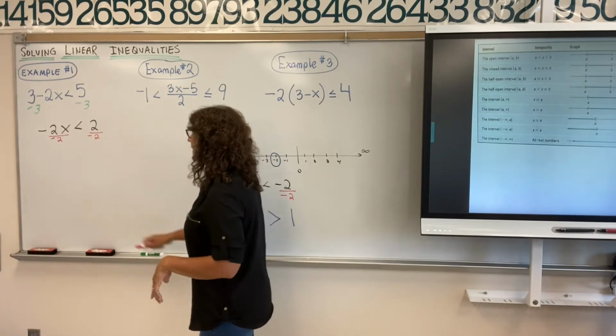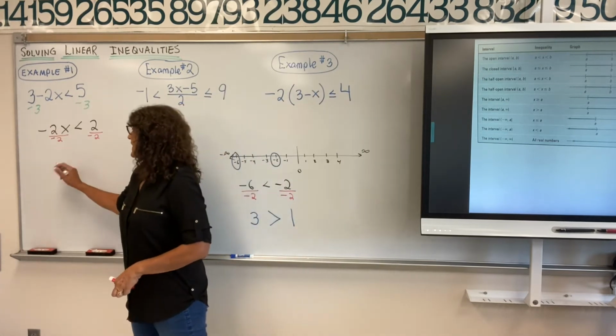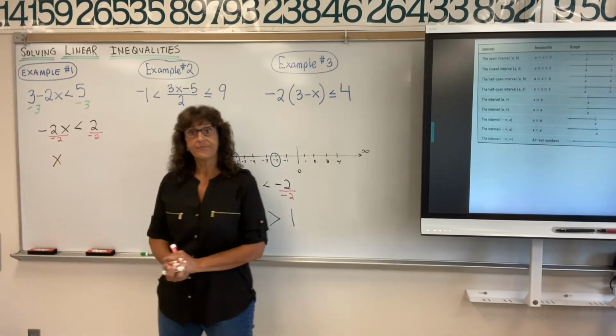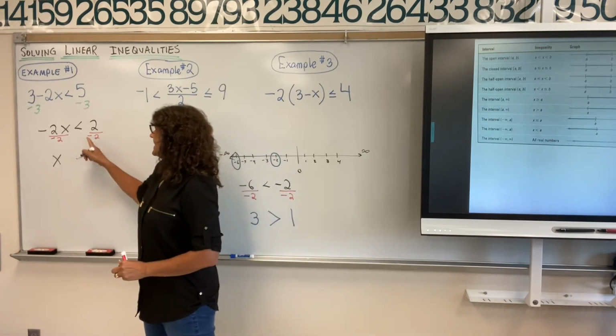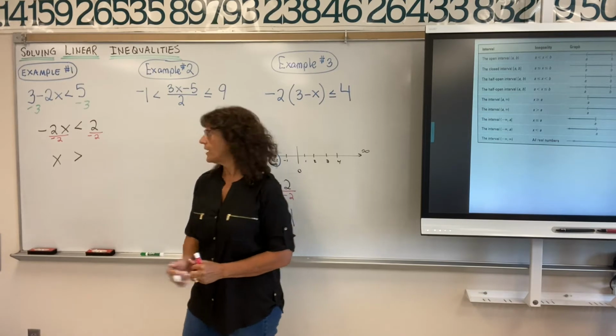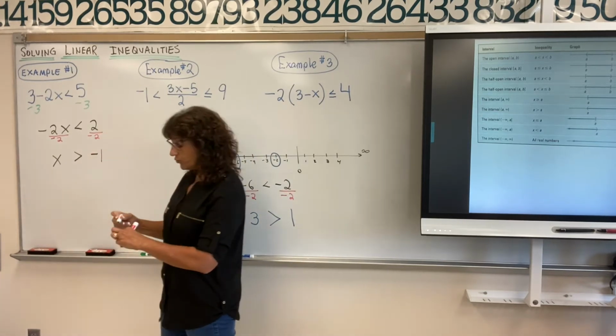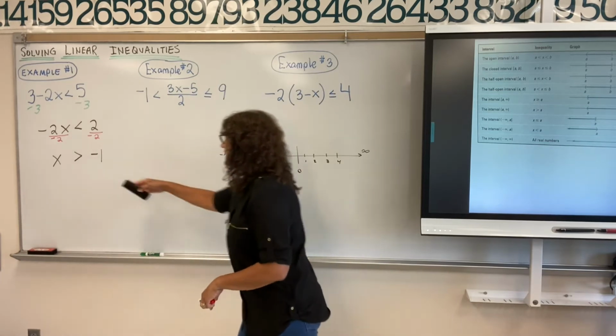So when we divide both sides by a negative, the negative 2's cancel out, back to our problem. But we're dividing by a negative, so we need to switch the inequality sign, make it greater than, and then 2 divided by negative 2 gives you negative 1. So here's your inequality answer.